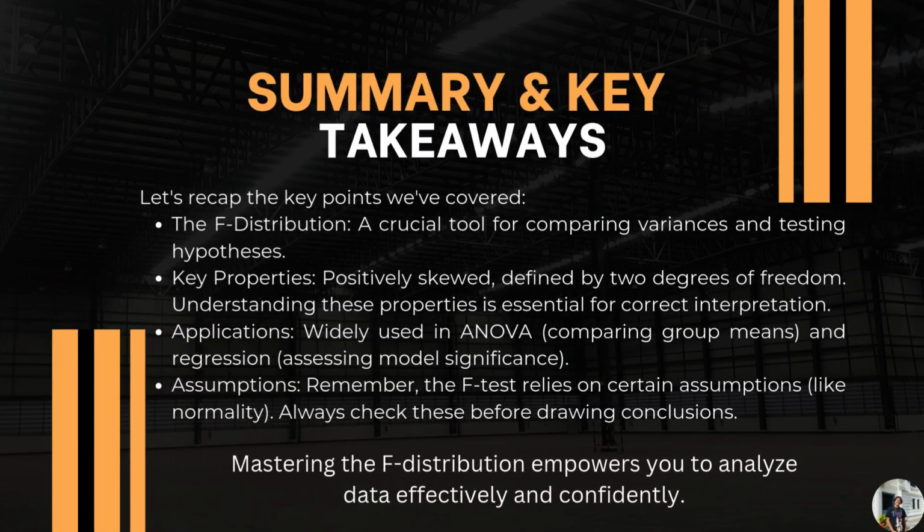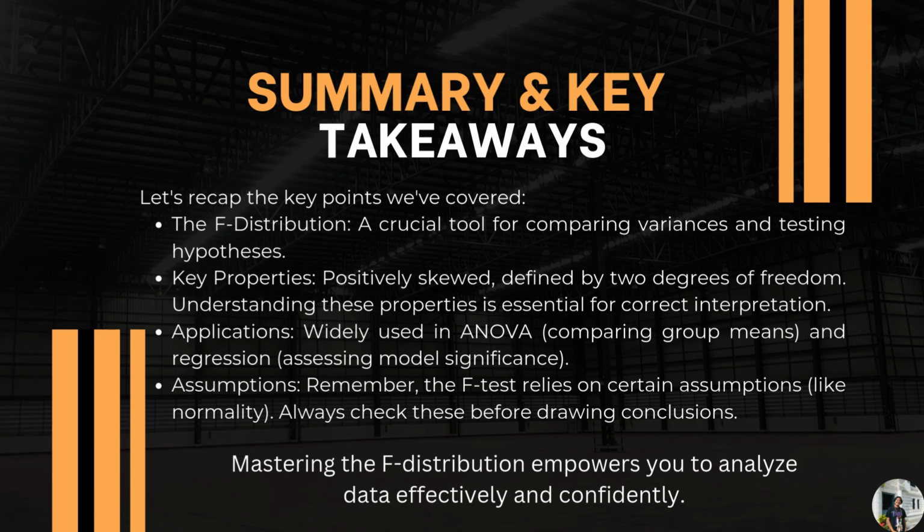At last, here are some key takeaways that summarize the presentation. The first is purpose. The F distribution is essential for comparing variance in tests like ANOVA. Second is key property. It is always positive, right skewed and defined by two degrees of freedom.